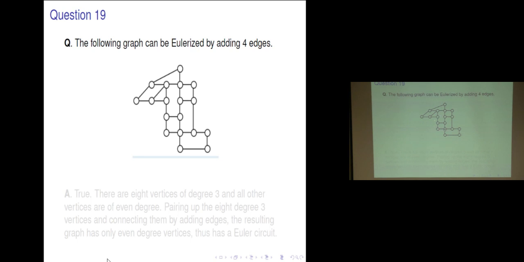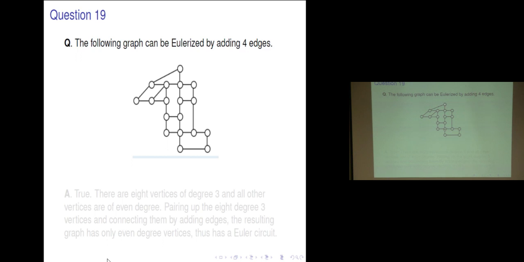So we learned the theorem by Euler, which counts the number of odd degree vertices. In order to have an Euler circuit, every vertex must have even degree, right? So now let's look at this line by line and count how many odd degree vertices there are.